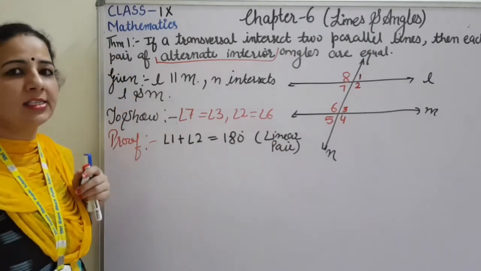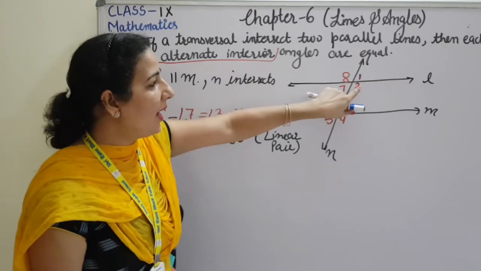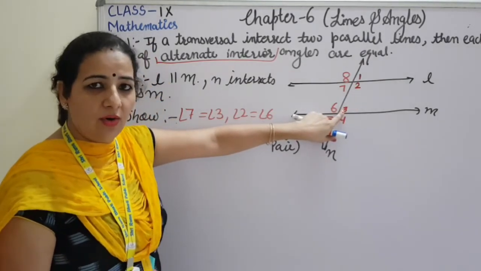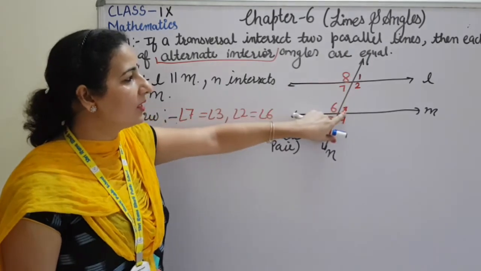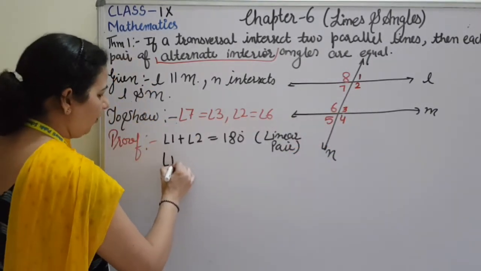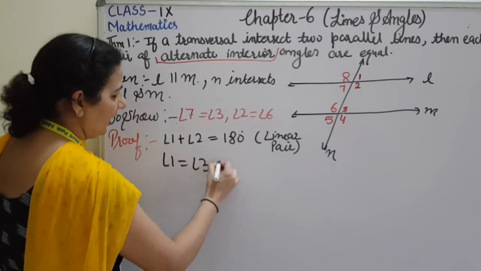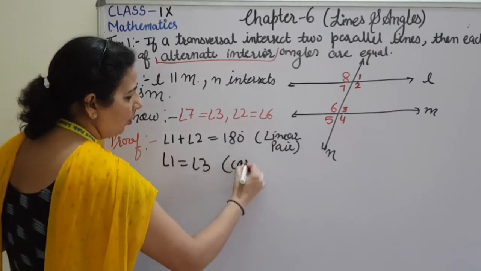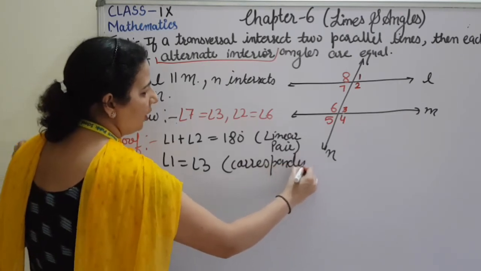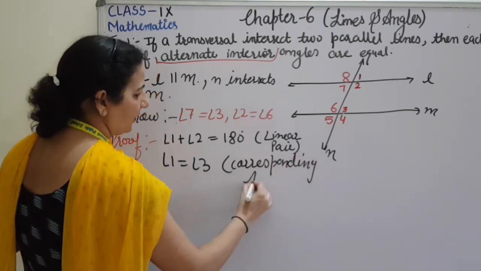The reason is linear pair. But angle 1 is equal to angle 3, and the reason is corresponding angles.